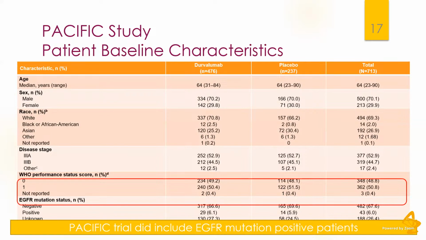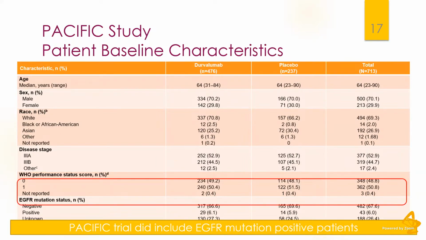Next slide. Baseline characteristics were well matched. The average age was around 64, and more than 70% of the patients in the arms were males. About 70% of patients were Caucasian or white, though it was a multi-institutional, multicentric, multinational trial.